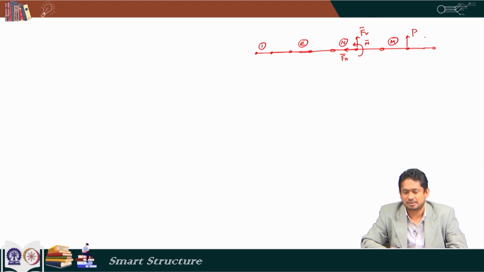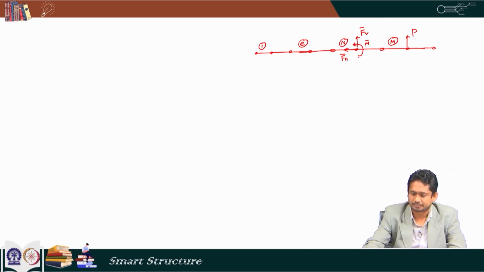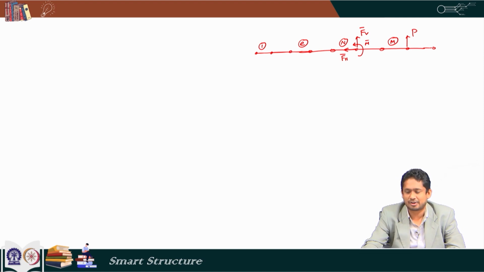So, while discretizing we have to make sure that the points at which these point loads are applied lie on some node. So, for this case the first point where I have the shape memory alloy forces acting is at the second node of the nth element, and the point at which the force P is acting is at the second node of the mth element.